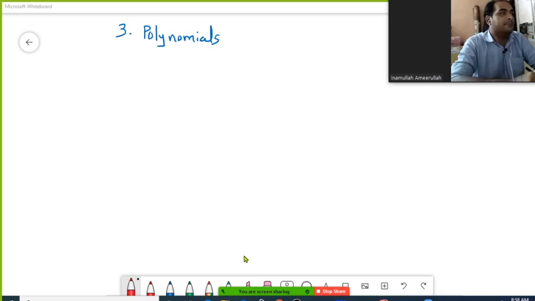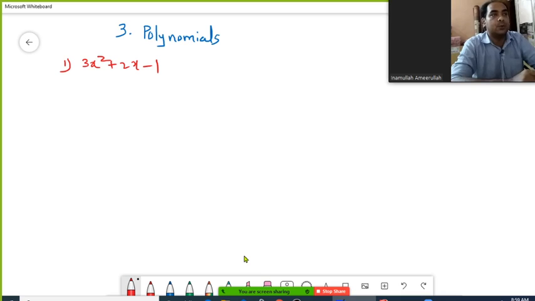For example, 3x square plus 2x minus 1. This is a polynomial. So as I told, polynomial is an algebraic expression. So 3x square plus 2x minus 1 is an algebraic expression which is a combination of numbers as well as variables.